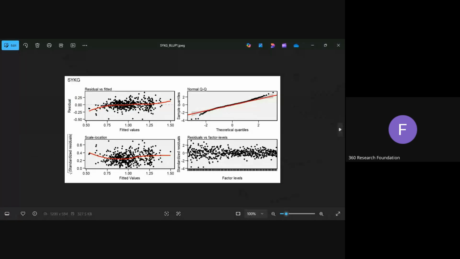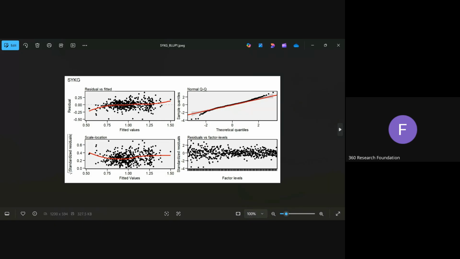I think this is visible. This is SYKG, that is the seed yield, kg per plot trait. And here you can see the 4 different graphs.